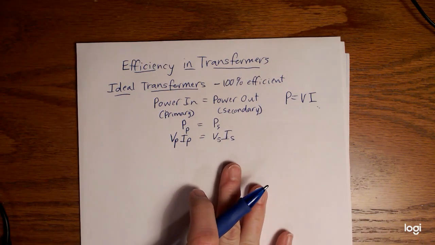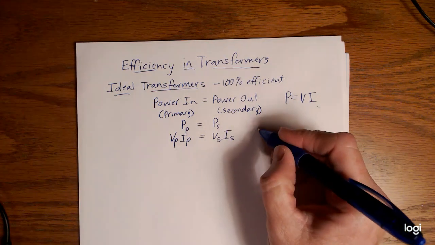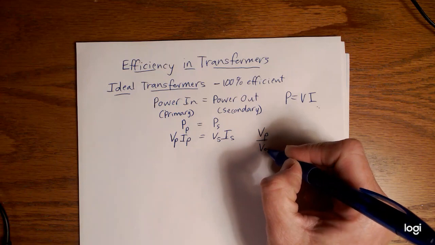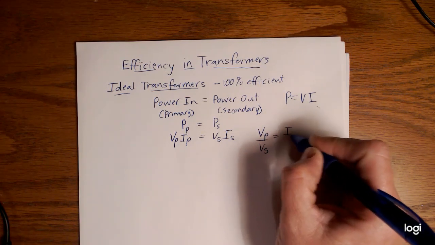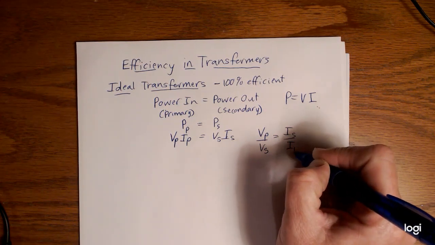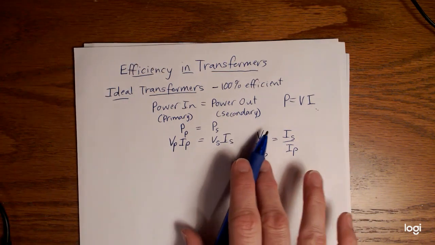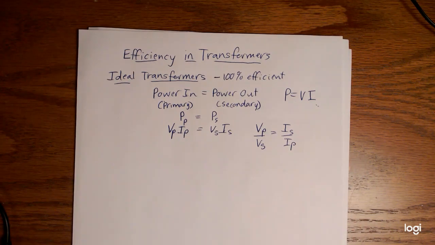So this was how in that other video they came up with the whole VP over VS equals IS over IP. They kind of just mentioned it. They didn't really explain where it came from, but this is the derivation of that relationship.